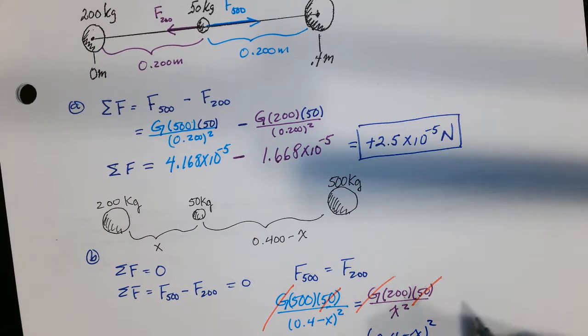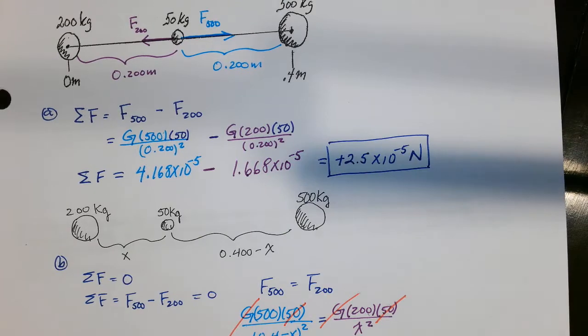Once you get all that FOILed out and distribute the 200 through, you're going to get something like 0.4 times x squared minus 0.8x plus 0.16 is equal to x squared.